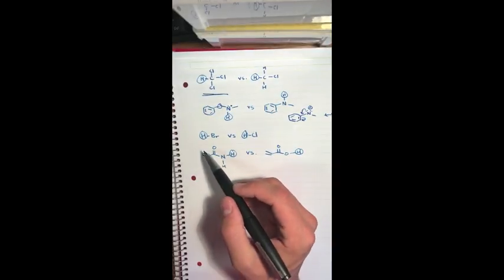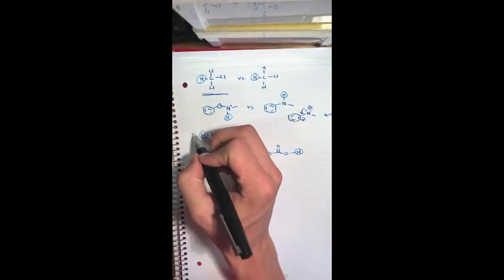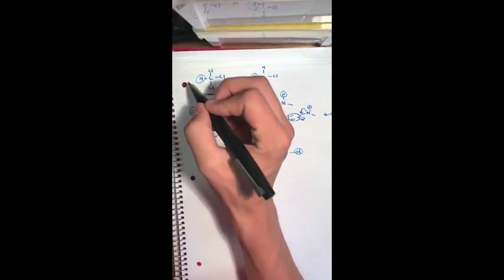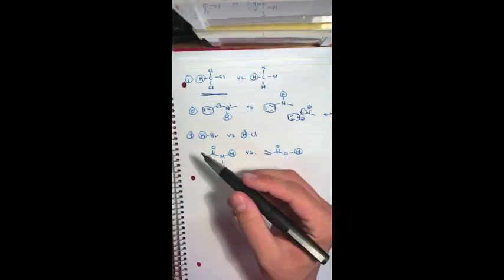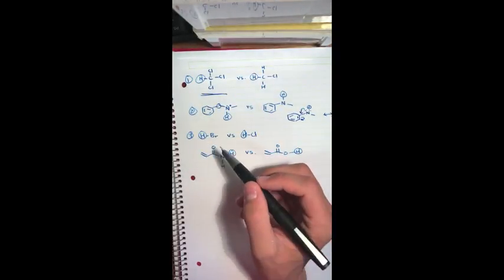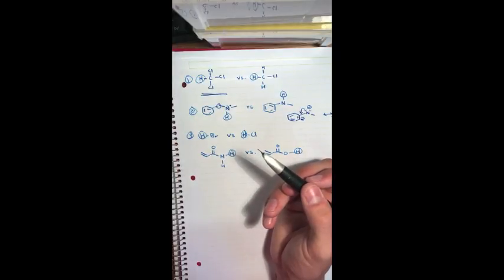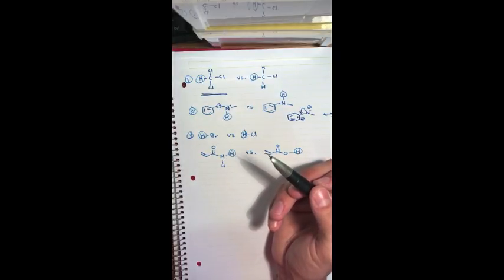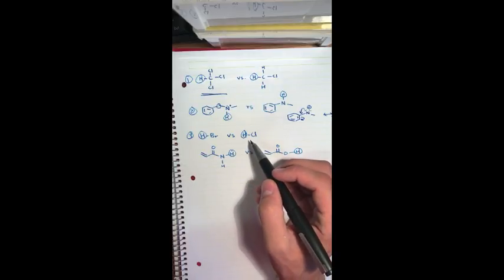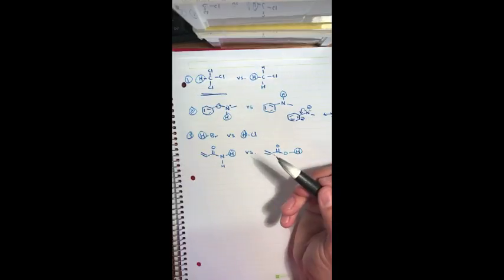So now when we look at this third example, I'll number these for simplicity, we have to look at the size of the molecule. You might be likely to jump to the conclusion of electronegativity, that chlorine is more electronegative, so it's going to be the most acidic.